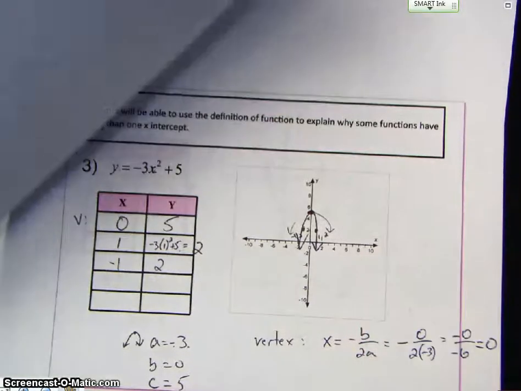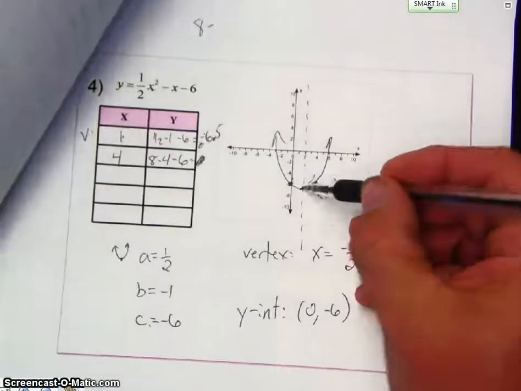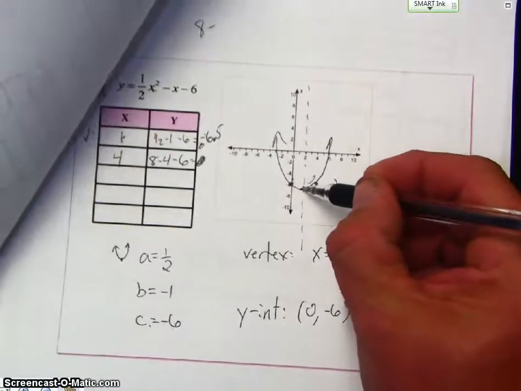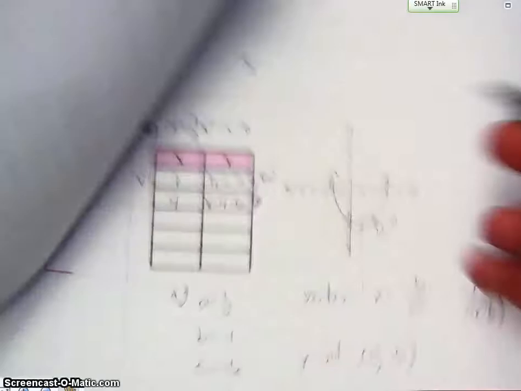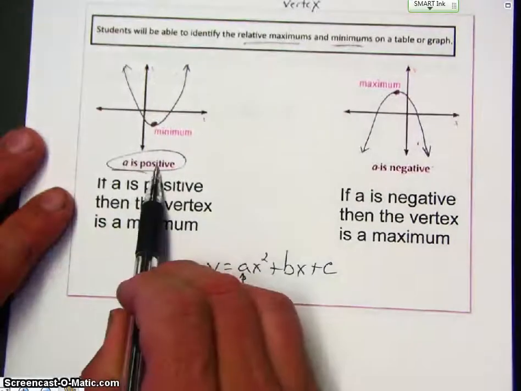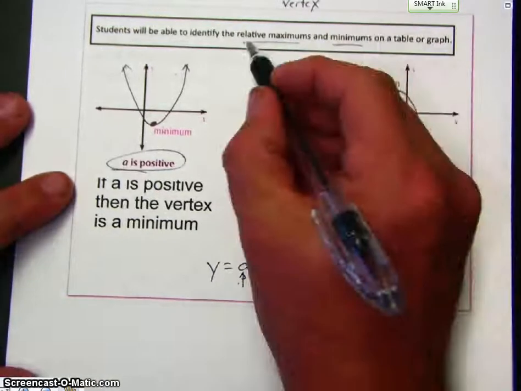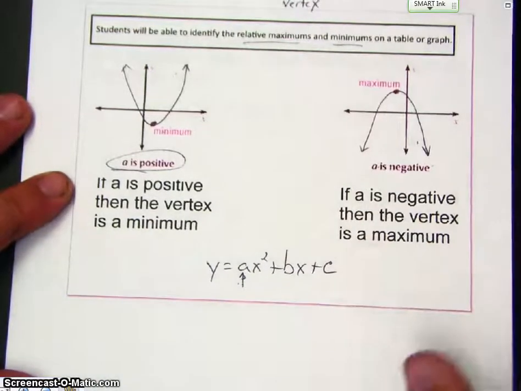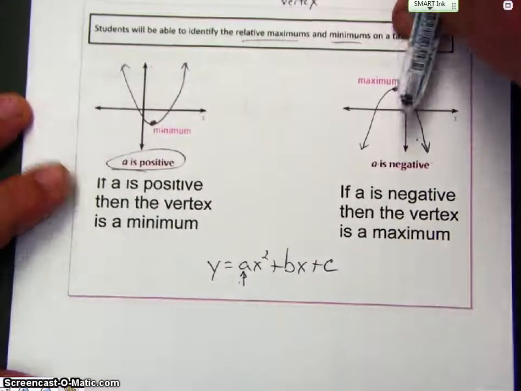You can't get higher than that. And in the last video, which I did a correction on, my vertex is still a min because it's the lowest point, because it's a valley. So just knowing what A is in standard form will determine if I have a relative max or a relative min. Let's move on.